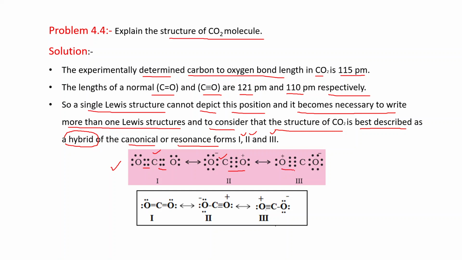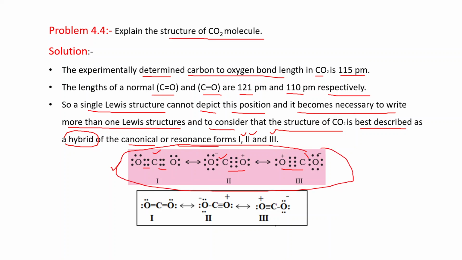But in actuality, the carbon-oxygen bond length is 115 picometer, which is in between the carbon-oxygen double bond and carbon-oxygen triple bond. That's why carbon dioxide is best described as a hybrid of these structures.